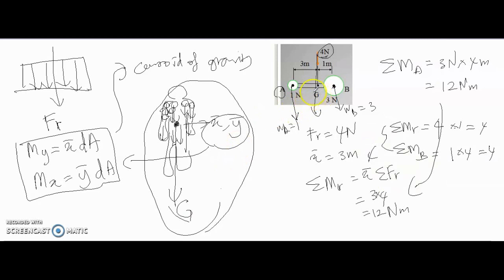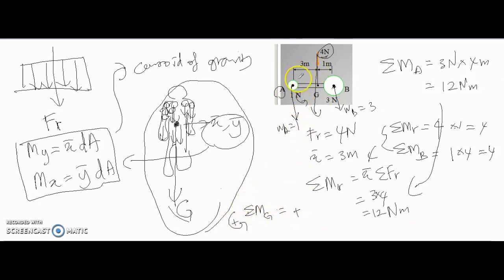Another important thing is, if we take the center here as our point of moment, or summation of M about point G, the sum of the moment will be equal to 0. Let's say we set counterclockwise as positive. If we take the weight of A going that way, it is counterclockwise, the same direction, so it is positive.